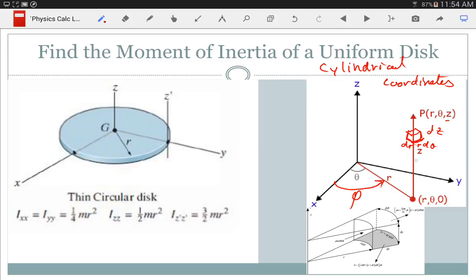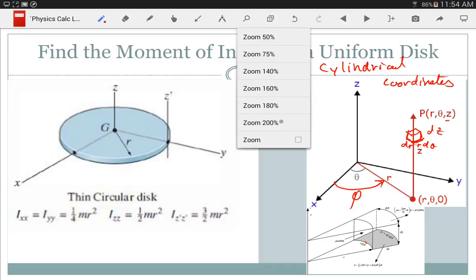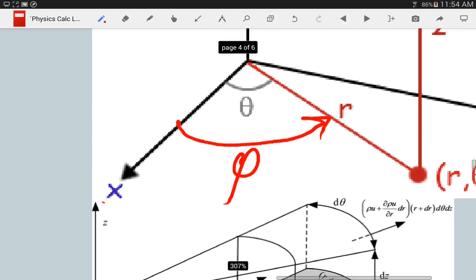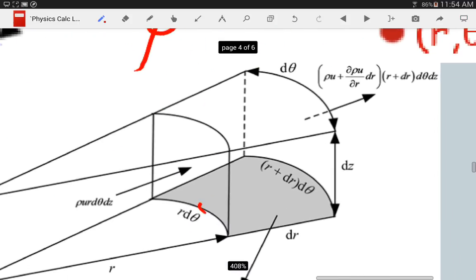If it was a perfect cube, then it would have straight sides. And these are curved. And because they're curved, the outer side is a little bit longer than the inner side. So this picture actually shows the inner side. I'll zoom in for you. It shows the inner side as r d theta, and the outer side is (r plus dr) d theta.